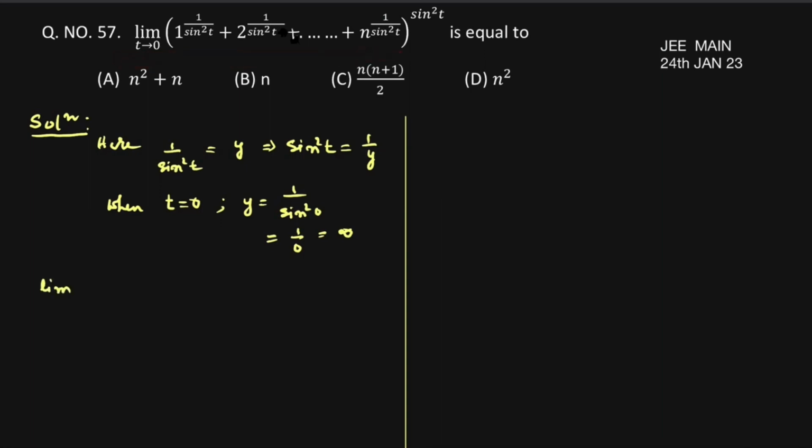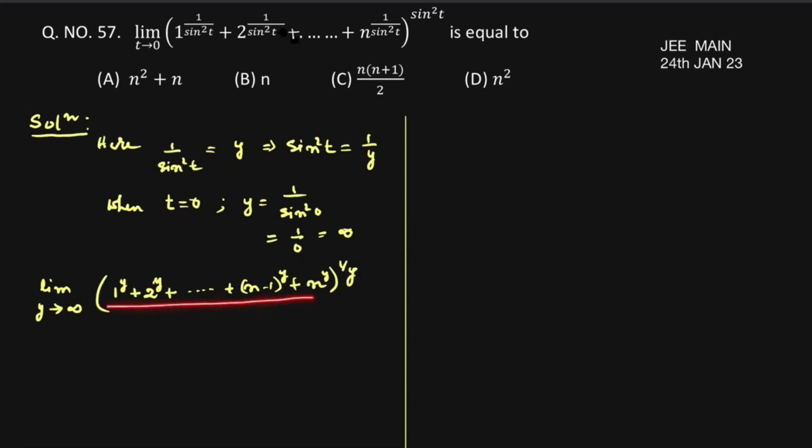limit y tends to infinity, (1 to power y plus 2 to power y plus it's going on plus n minus 1 to power y plus n to power y) whole to power 1 by y.